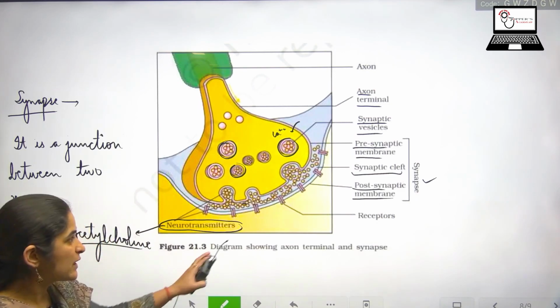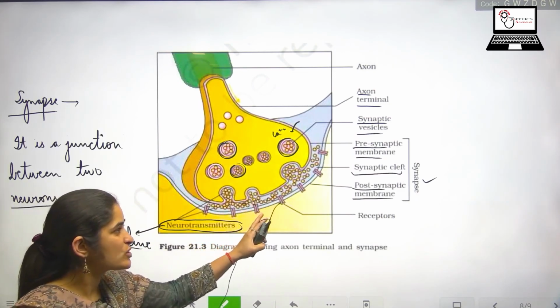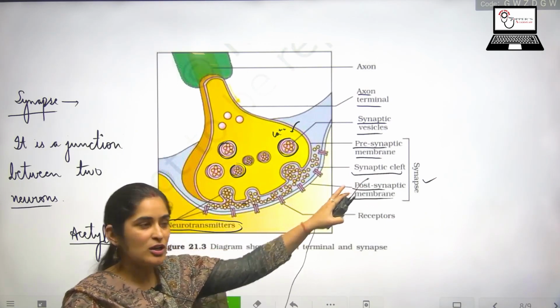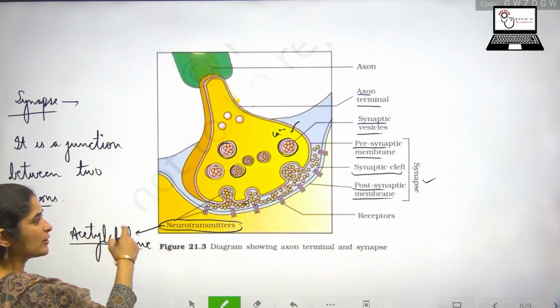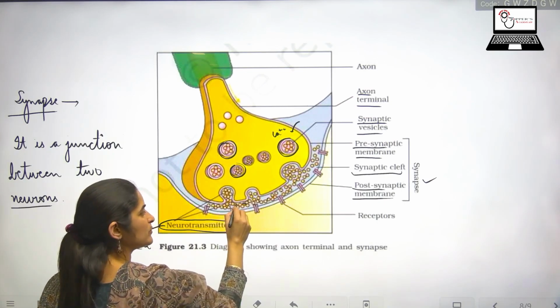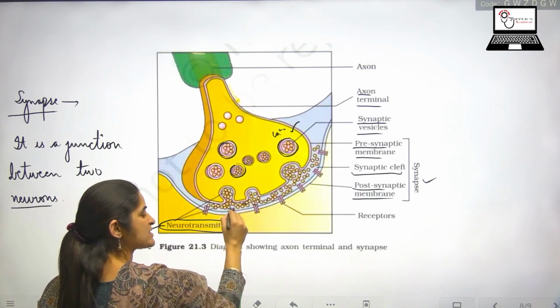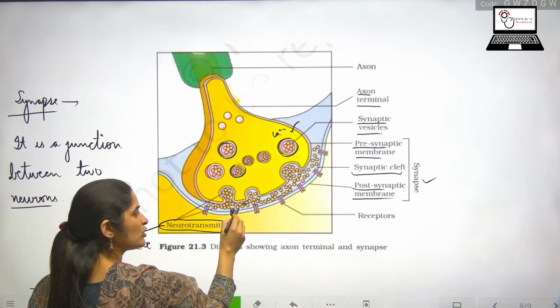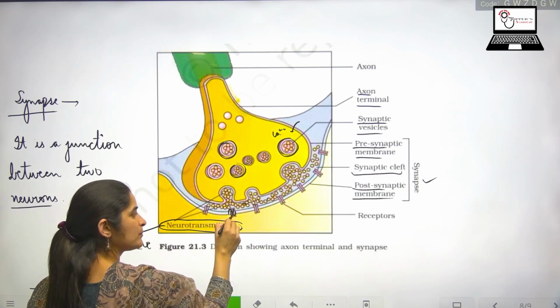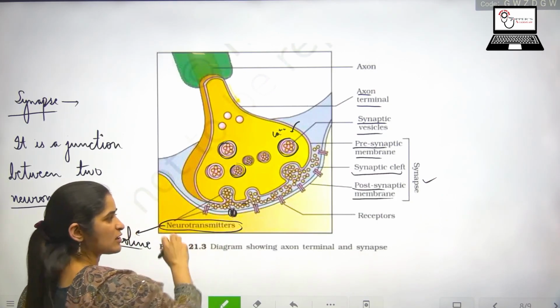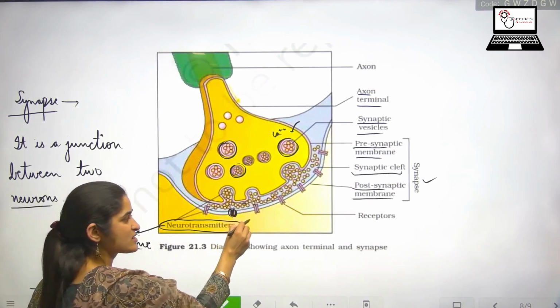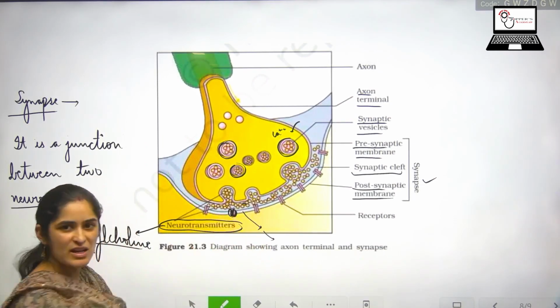The space between the presynaptic and postsynaptic membrane is known as the synaptic cleft. Now this neurotransmitter will bind to the receptors present on the postsynaptic membrane, and the signal will pass into the next neuron.